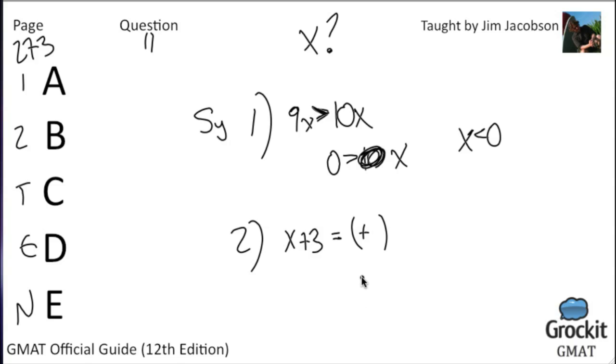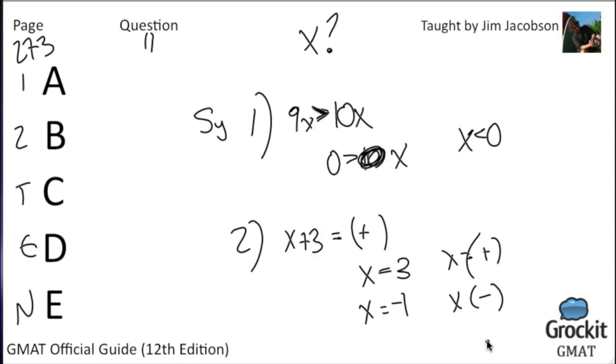So for this one, we can kind of pick numbers. If x equals 3, then x plus 3 is positive, and x is positive. If x is -1, for example, x plus 3 is still positive because it's 2, but then x is negative.